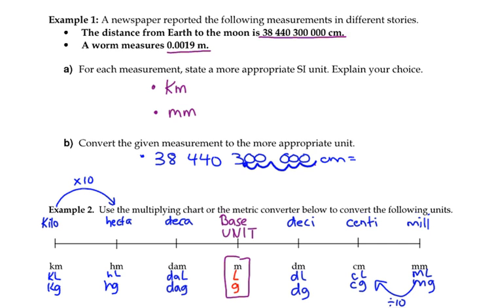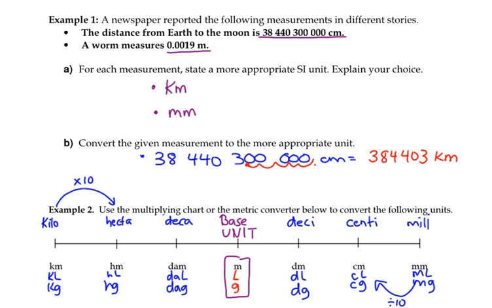Okay, so now if we move 5 to the left, what's our new number? And kilometers. Right? So it's really easy. Just moving your decimal place is the easiest way.